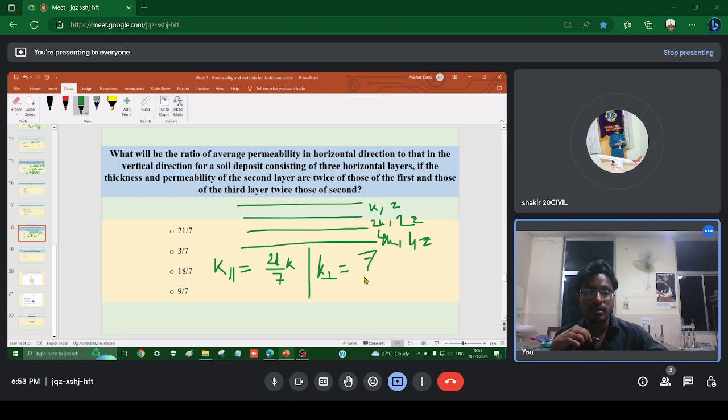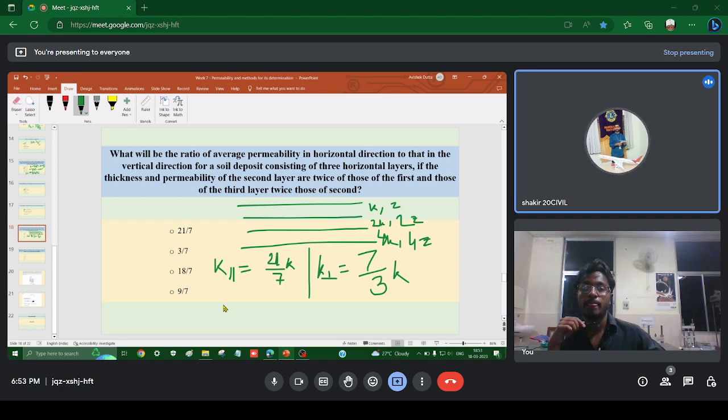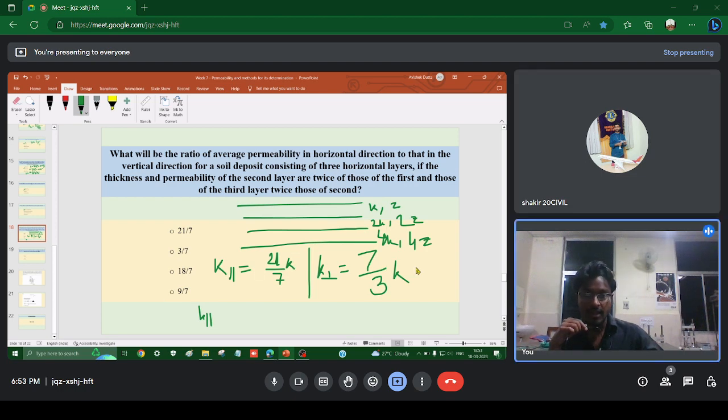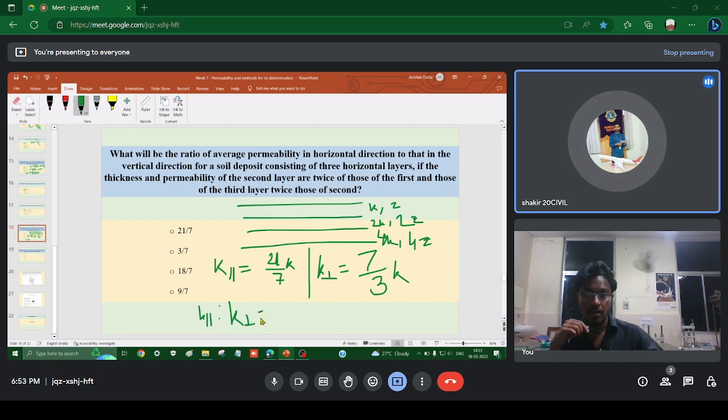You have got this right. Have you got 21 by 7 in the first instance? The answer is 9 by 7, but have you got it like this, right? Sir, I wrote KH is K1Z1 plus twice K2Z2 plus K3Z3. If we take K1Z1 as it is, then second it is twice of K1Z1, then third it will come.